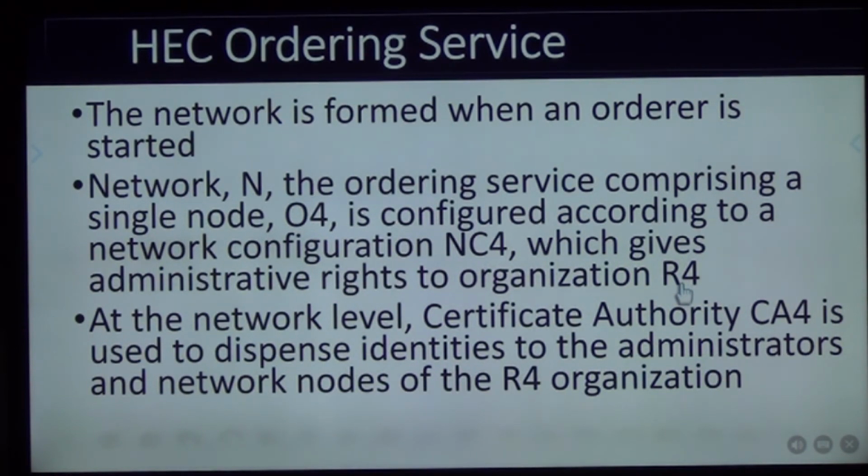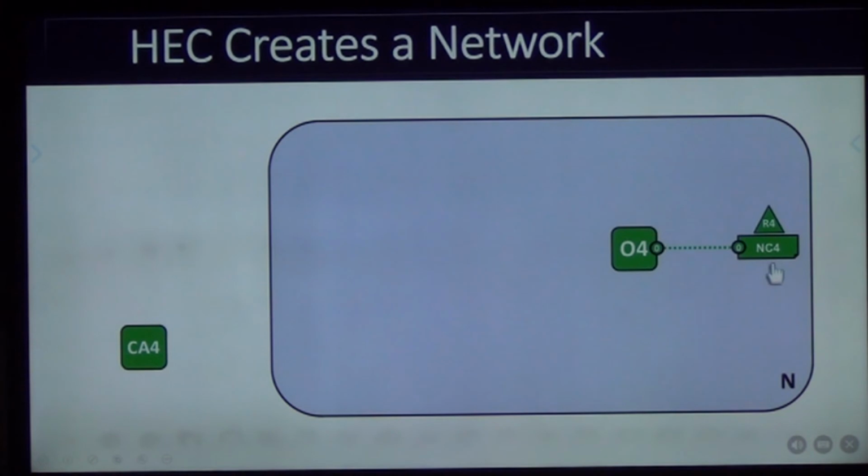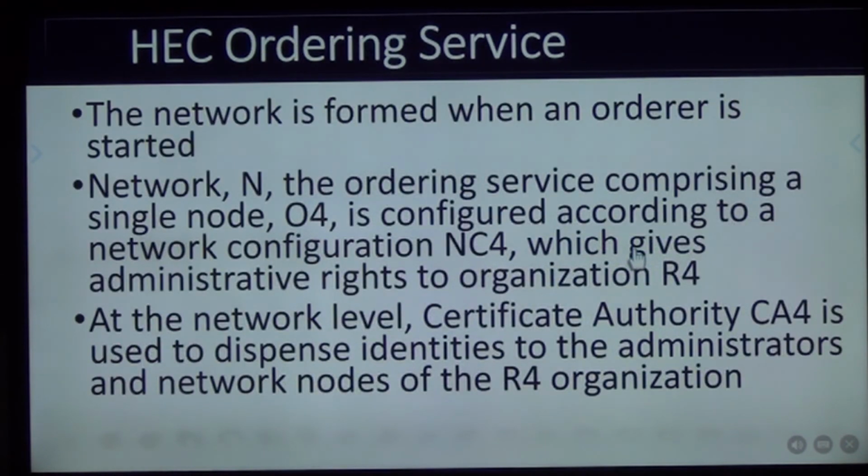There is a network configure जो कि configure कर रहा है वो R4 ऑर्गेनाइजेशन है, थ्रू O4 कर रही है. O4 एक पीस ऑफ सॉफ्टवेयर है जो एक नोड पे चल रहा है, ठीक है, which is basically ordering कर रहा है और इसने सारी नेटवर्क की कॉन्फ़िगरेशंस O4 के थ्रू होनी है. So at the network level, certificate authority CA4 is used to dispense identities to the administrators and network nodes of the R4 organization.